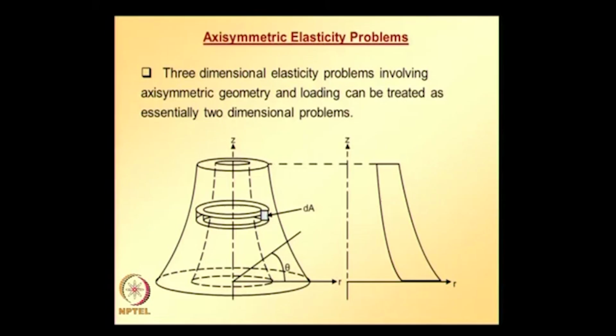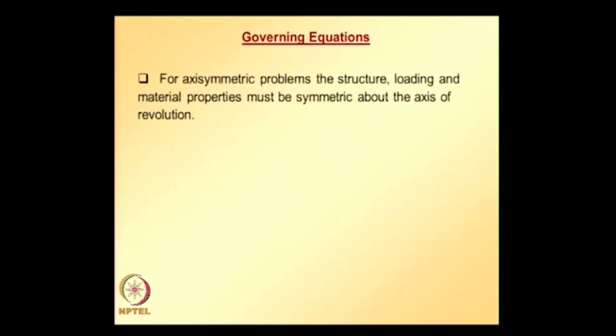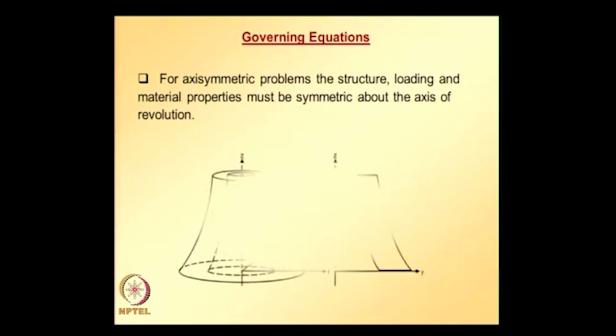For this kind of typical situation, 3-dimensional elasticity problems can be modeled as 2-dimensional problems. And one more important thing is, for axisymmetric problems the structure, loading and material properties must be symmetric about the axis of revolution. Here in this particular situation, the z axis is the axis of revolution.